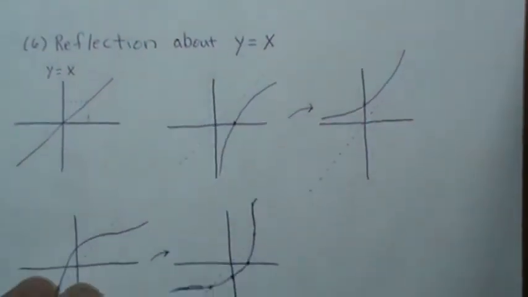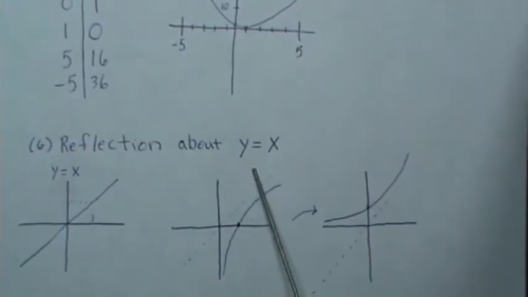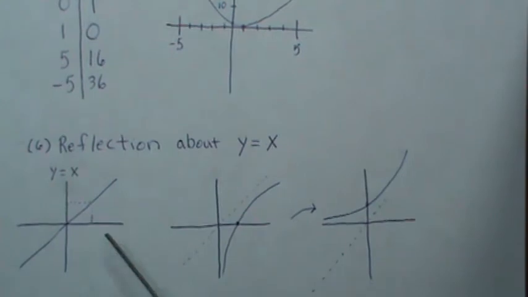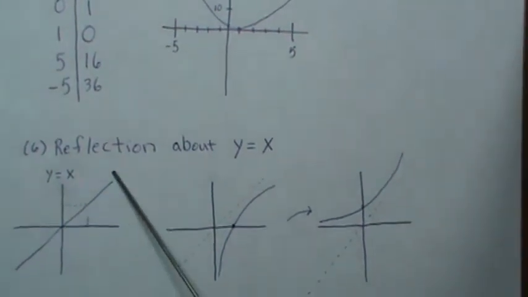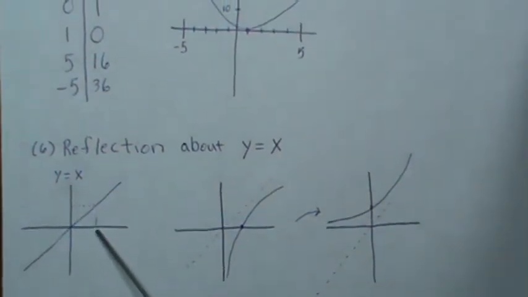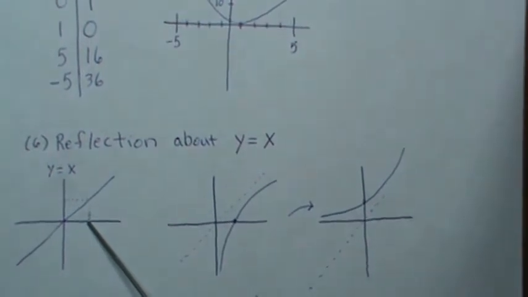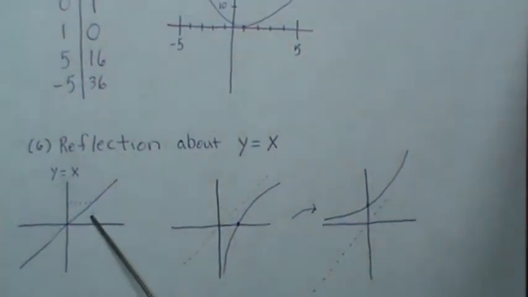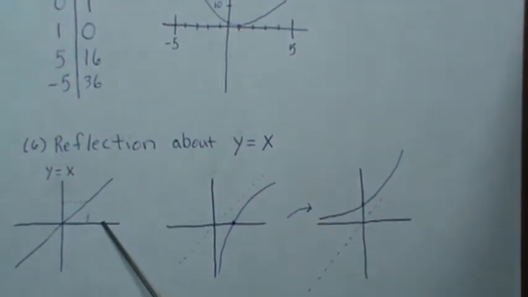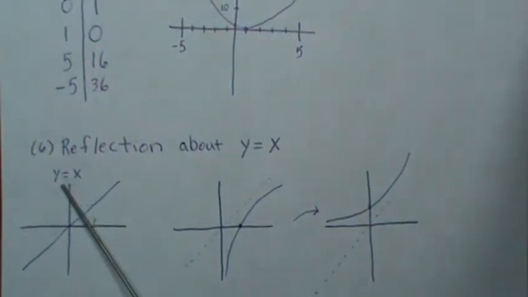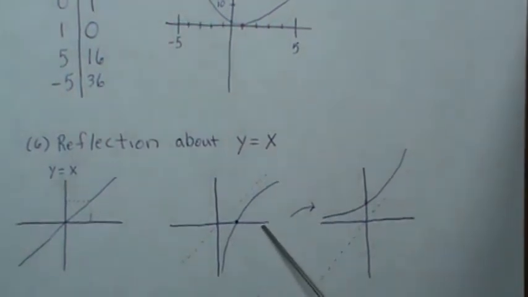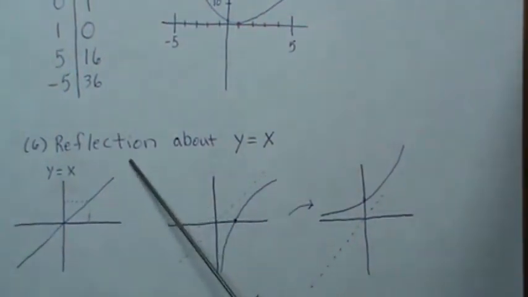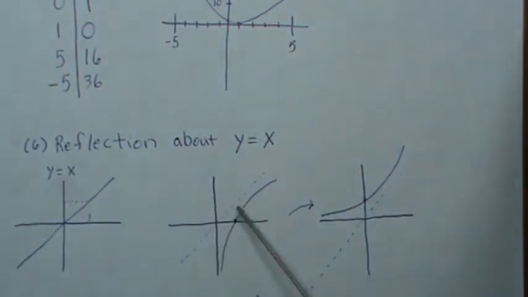Sixth background information is what's called a reflection about y equals x. So this is the y equals x line. And what that means is if this is x and you plug it into the function, you get the same value. So 10 is mapped to 10, 20 is mapped to 20, y equals x. So what's a reflection about y equals x?